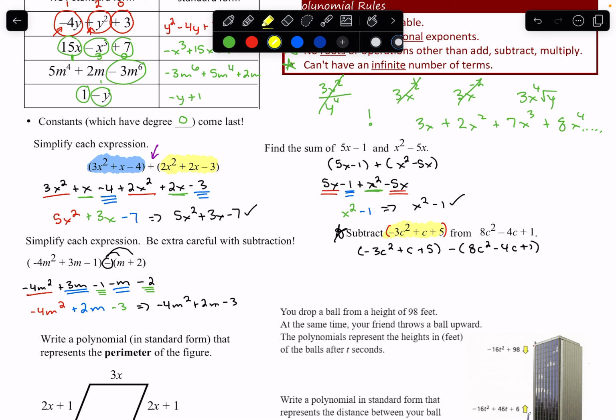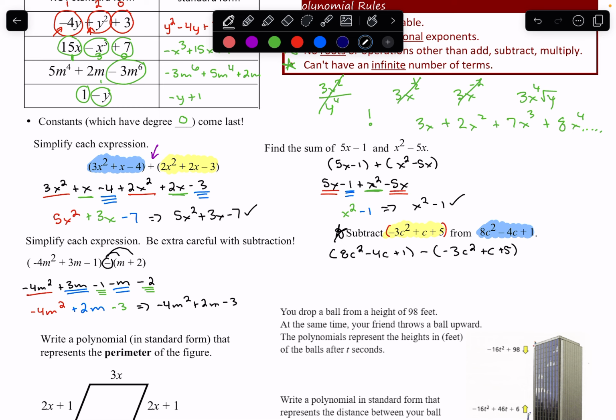I'm subtracting -3c squared plus c plus 5. I'm subtracting that from 8c squared minus 4c plus 1. So I need to switch these around and put the 8c squared in front, minus 4c plus 1, and I'm going to subtract negative 3c squared plus c plus 5. We should probably read our math a little bit slower, right?